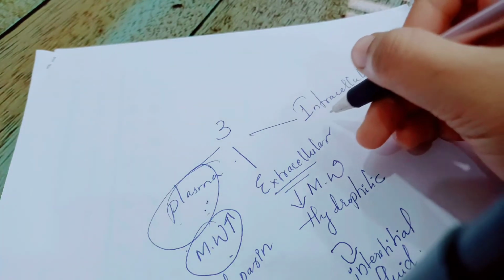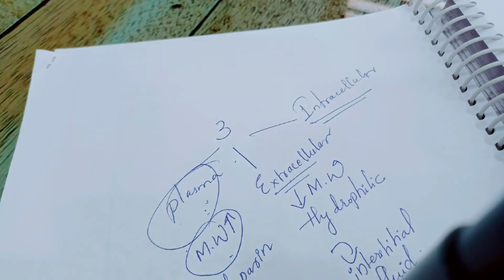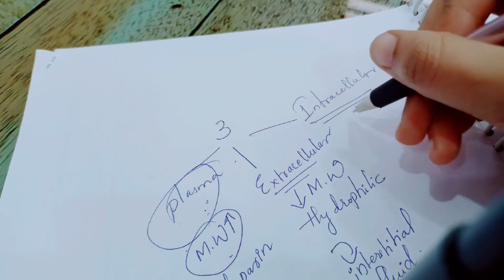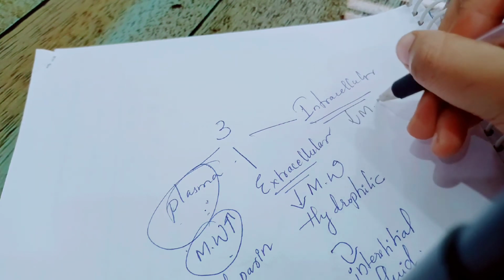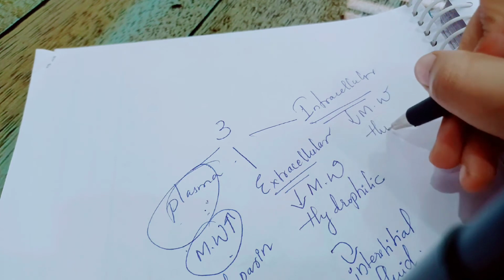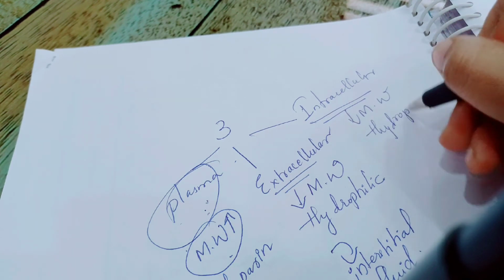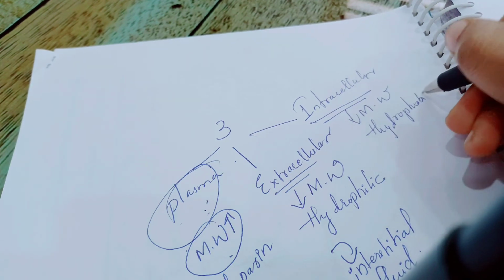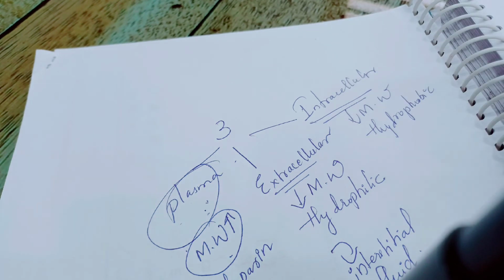And the third one is the intracellular compartment or total body water. If a drug has low molecular weight and is hydrophobic in nature, not only can it move through the interstitium via slit junctions, but it can also move through the cell membrane into the intracellular fluid.